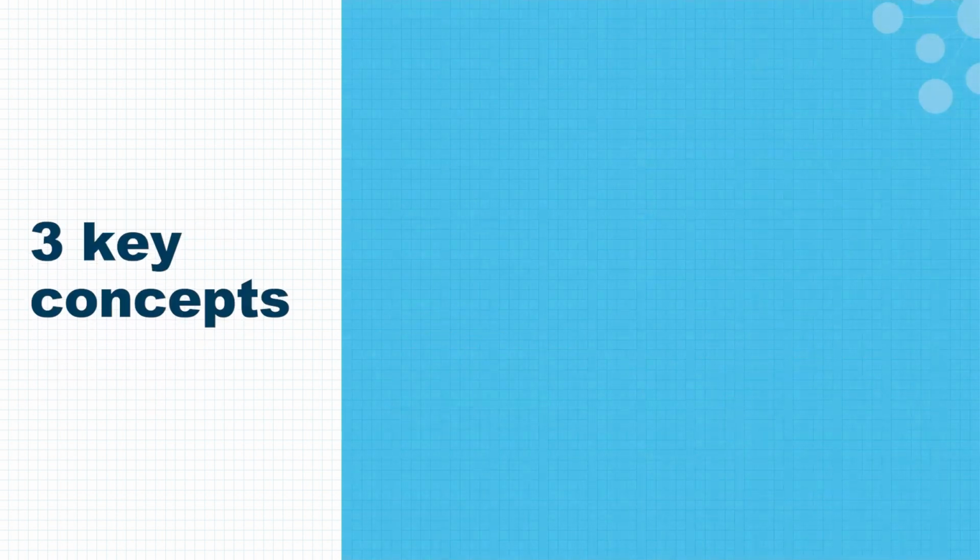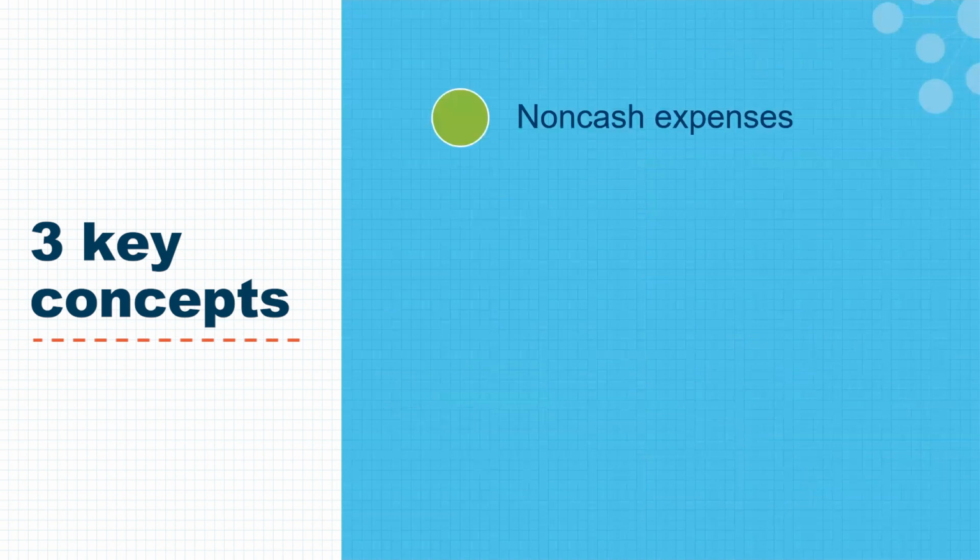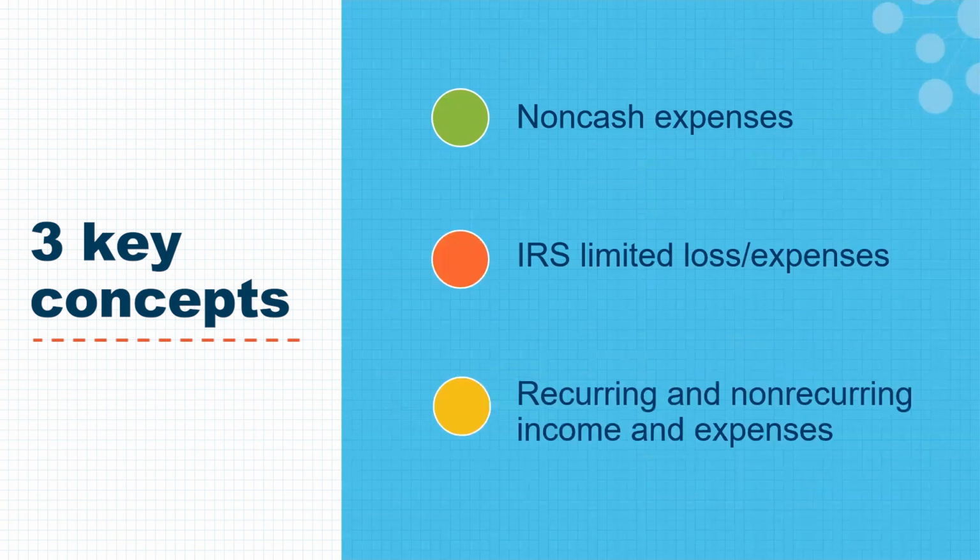During the cash flowing process, we pay close attention to 3 key concepts: non-cash expenses, IRS limited losses or expenses, recurring and non-recurring income and expenses. We use these 3 key concepts no matter what type of business structure we are analyzing. We'll explore these further, but first let's look at a tool that you may find very helpful.